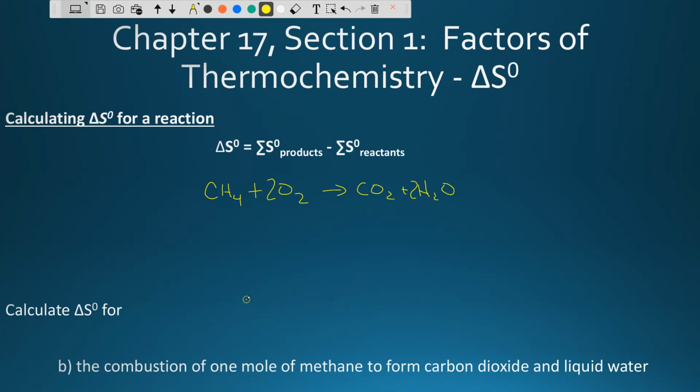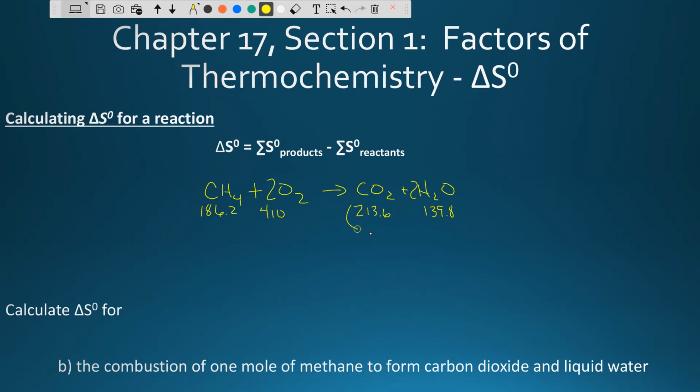Okay, here we go. I see that my carbon dioxide is 213.6, and I see that my 2 waters is going to be 139.8, and this ends up being 186.2, and this is going to be 410.